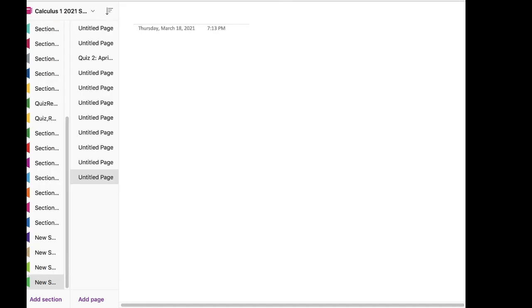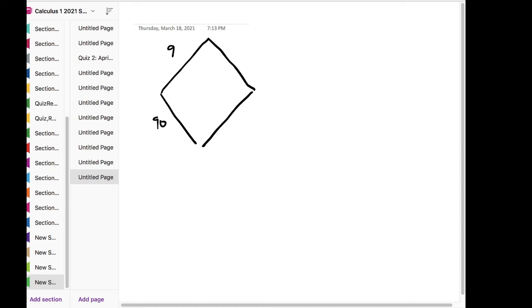Okay, I have a baseball diamond. So it's a square, so these are 90 feet. Okay, so this is first, this is second, this is third, this is home.